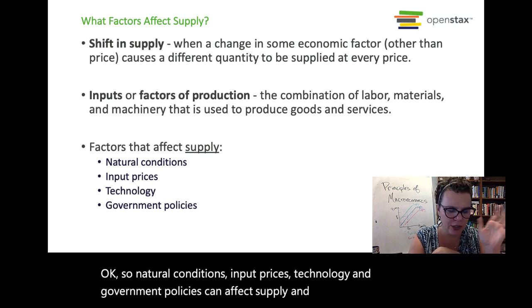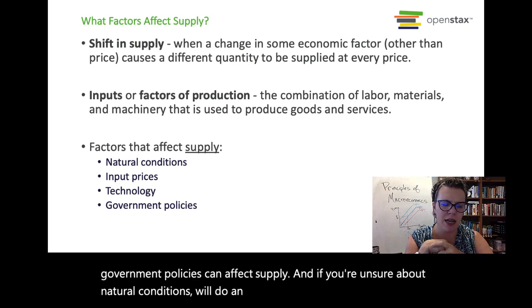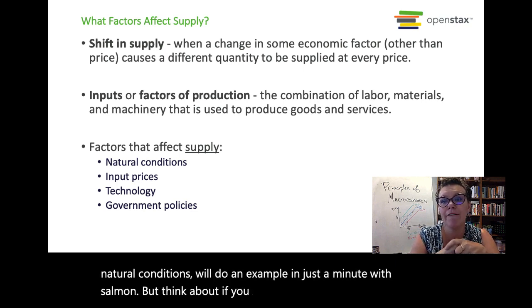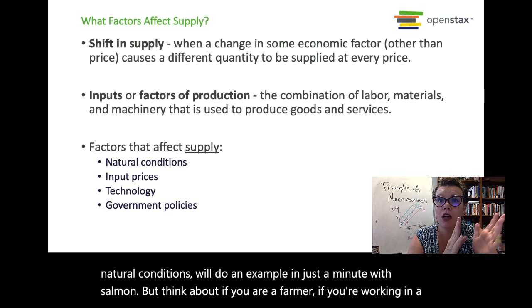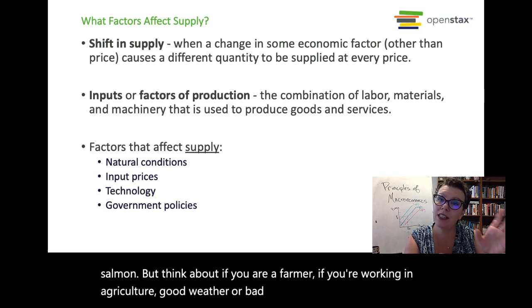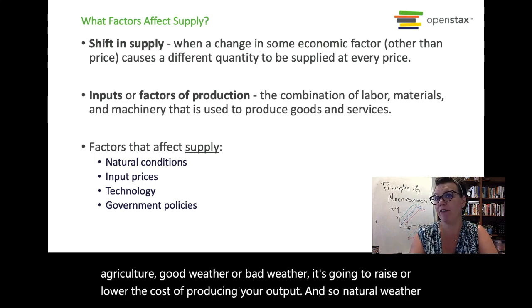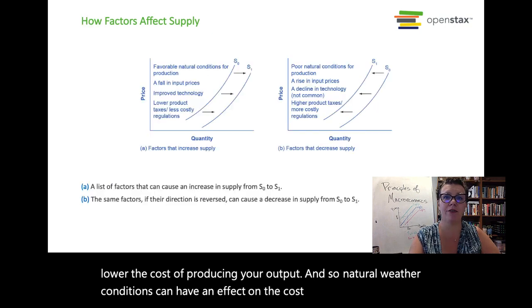And if you're unsure about natural conditions, we'll do an example in just a minute with salmon, but think about if you are a farmer, if you're working in agriculture. Good weather or bad weather is going to raise or lower the cost of producing your output. And so natural weather conditions can have an effect on the cost of production at every level.